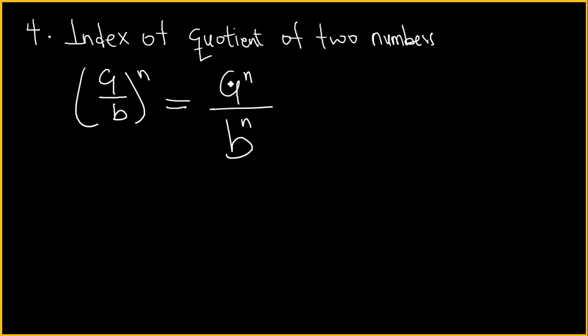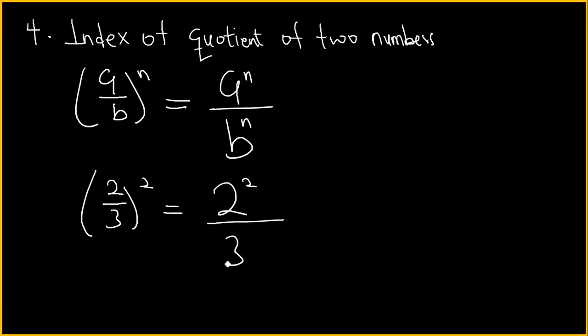Example, we have (2 on 3) all raised to the power 2. 2 raised to the power 2 on 3 raised to the power 2. And we have 4 on 9. So this is also a property called index of quotient of two numbers.